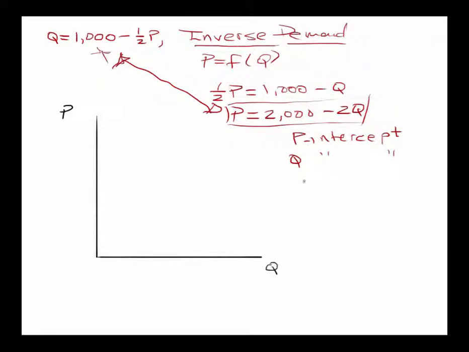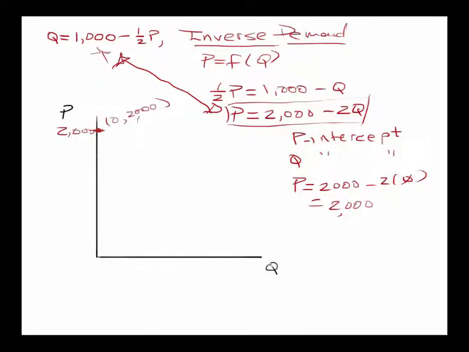To get the p-intercept, let's substitute 0 in for q, because by definition the p-intercept is the place where this function crosses the p-axis, and we know that that happens when q is equal to 0. So let's write our function here. P is equal to 2,000 minus 2 times a q of 0, so we'll put in 0, and this becomes just 2,000. So our p-intercept would be $2,000. So I'll write a point here. This is the point 0, 2,000.